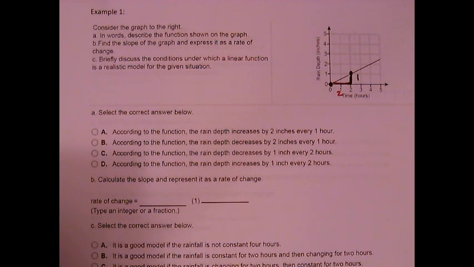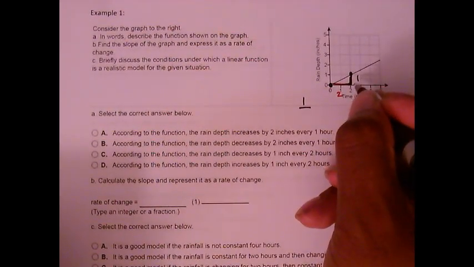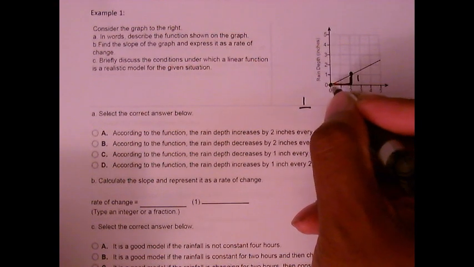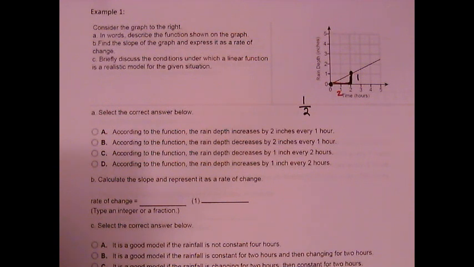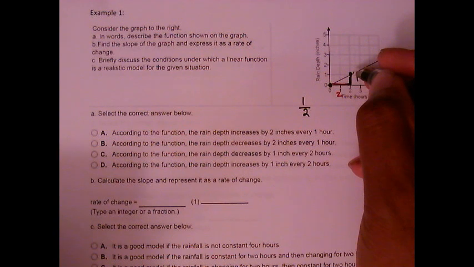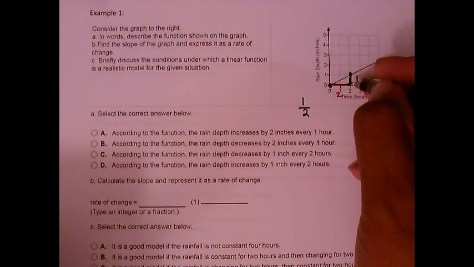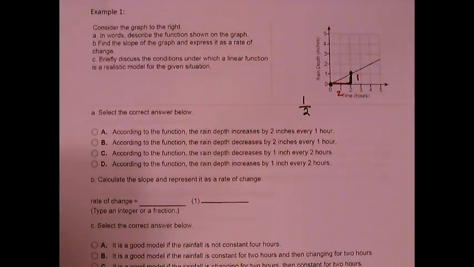Okay? So now, the rate of change is going to be this. The 1, the change in your dependent variable, going up and down, over the change of your independent variable, going across. That'd be 2. So in words, according to that function, the ring depth actually increases by 1 every 2 hours.